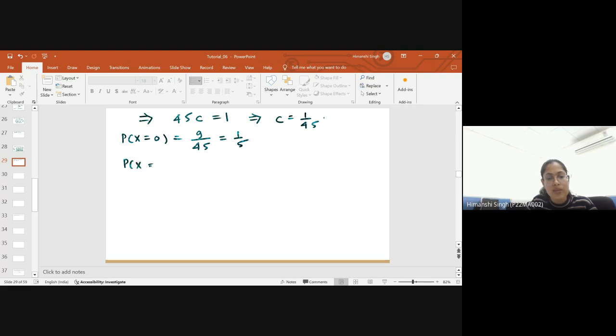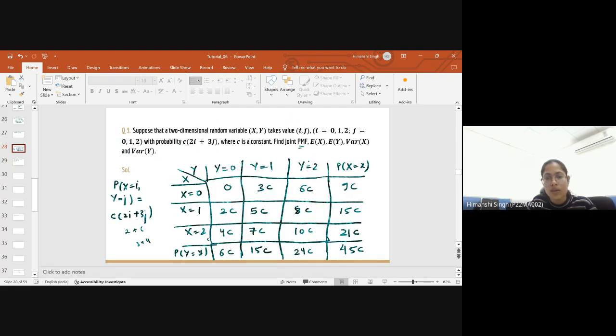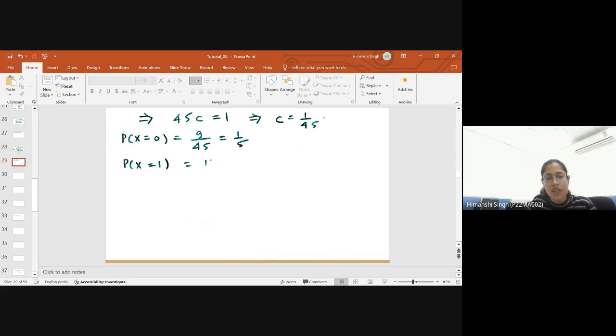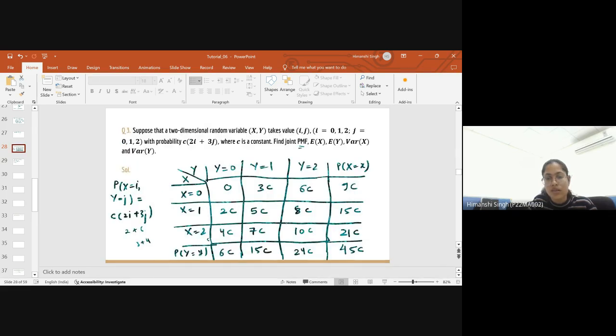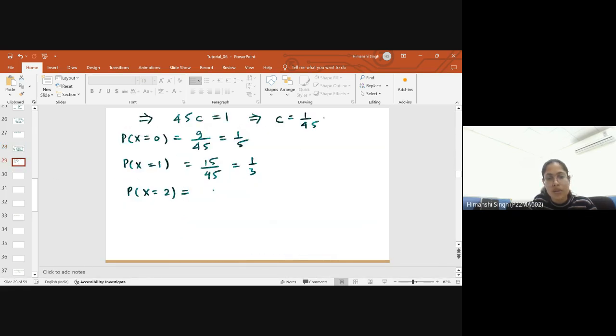Probability X equals 1 is 15c, 15 by 45, that is 1 by 3. Probability X equals 2 is 21c, that is 21 by 45.